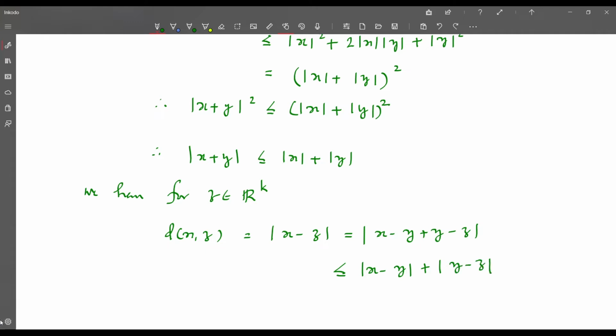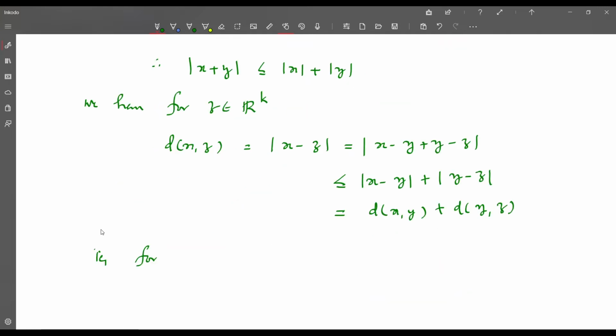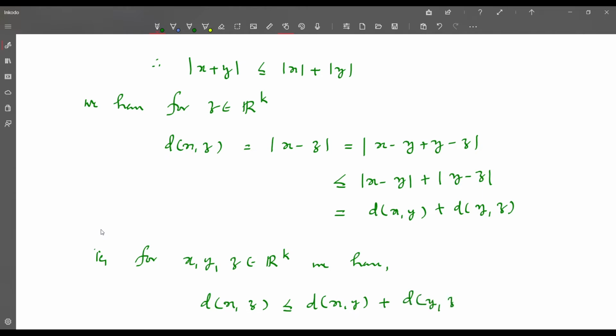So that is equal to distance between x and y plus distance between y and z. That is, for x, y, z in Rk, we have distance between x and z is less than or equal to distance between x and y plus distance between y and z. So this proves part C.